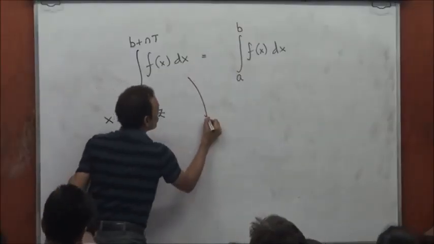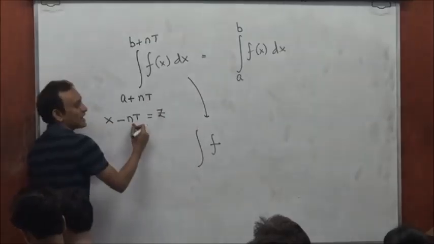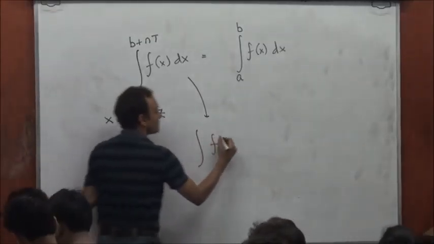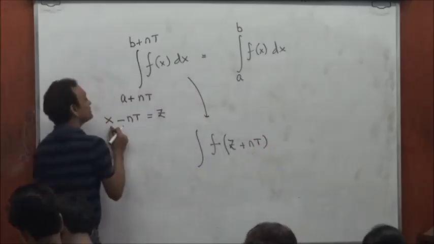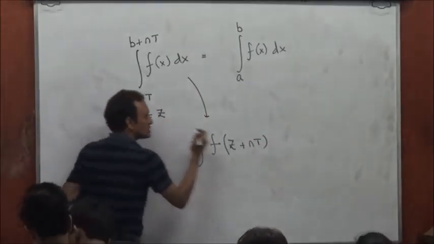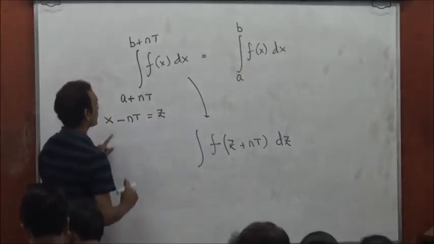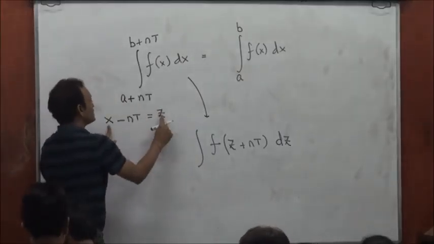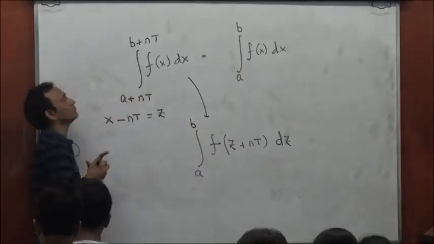So the new variable here is z. f of x, x I write as z plus nT. dx is the same as dz. When x is this, z is a. When x is that, z is b.